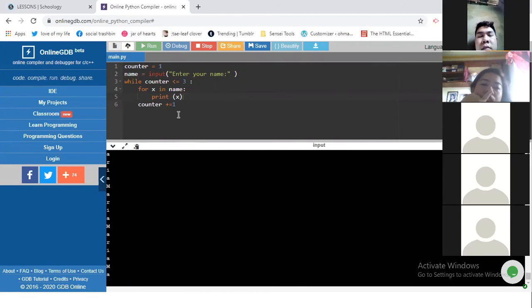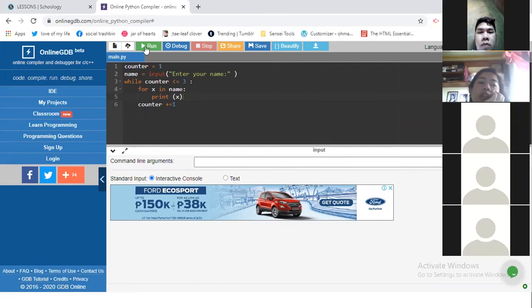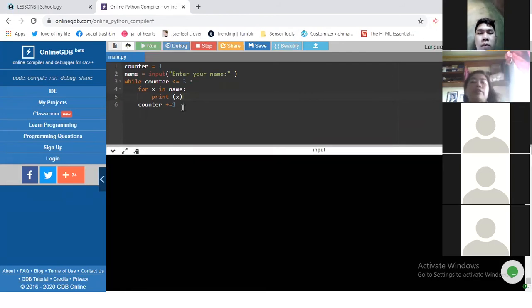Counter plus 1. Less than 3. Dapat nag-input naman na siya, hindi pa siya nagpapa-input, nag-print na siya. Wait lang ah. Anong problema? Let's see.